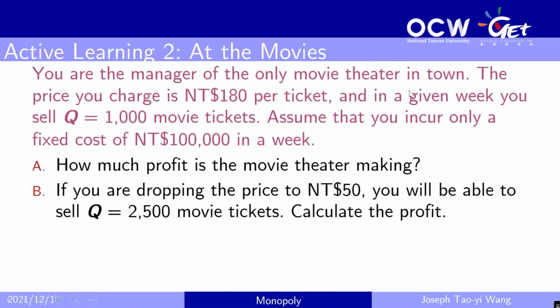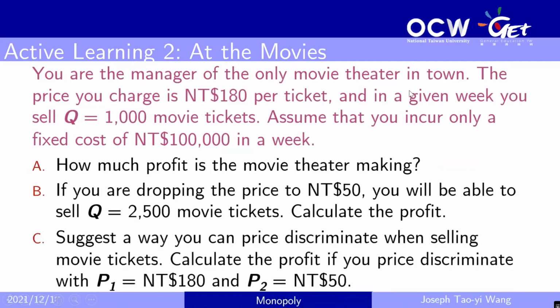Question two, if you're dropping the price to $50, you're able to sell 2,500 movie tickets. Calculate the profit. And then question three, suggest a way you can price discriminate when selling movie tickets. So suppose you calculate the profit if you price discriminate so that P1 equals 180 and P2 equals 150. Okay, so let's take a look.